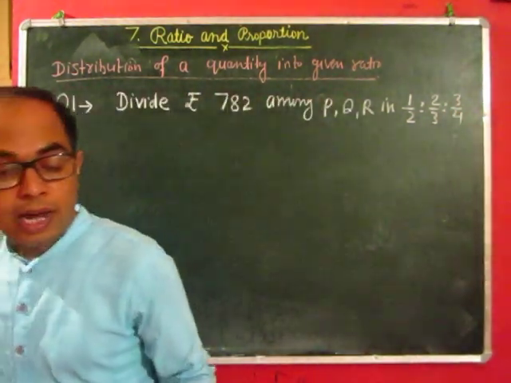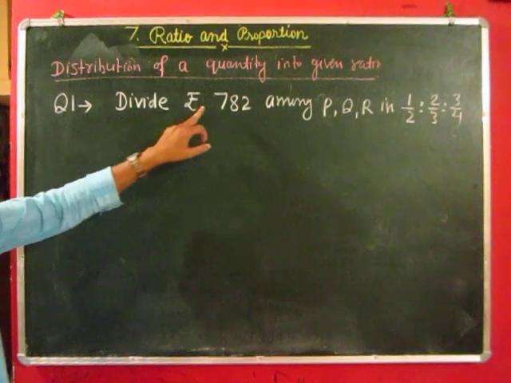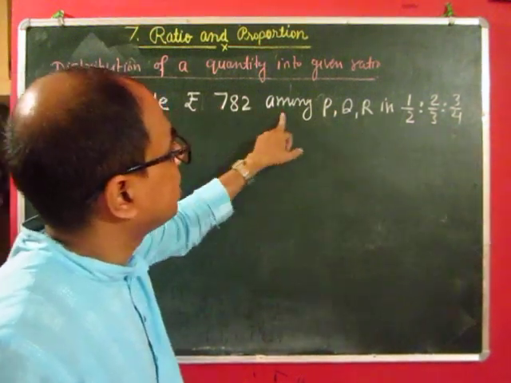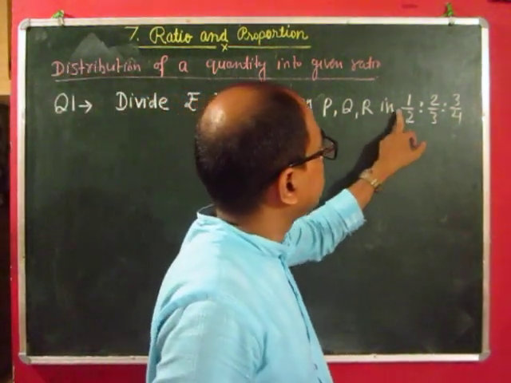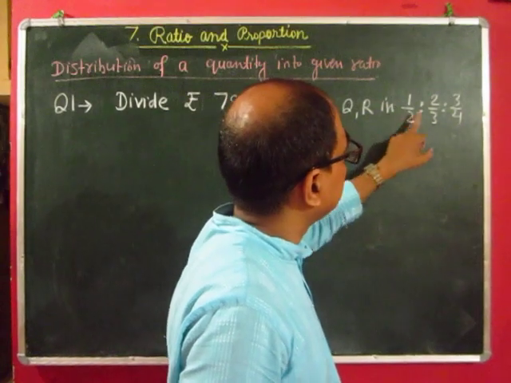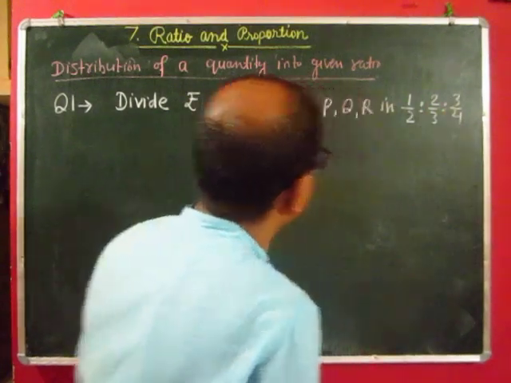Here we have to distribute this amount, rupees 782, among the three persons P, Q and R in the ratio 1/2 is to 2/3 is to 3/4.